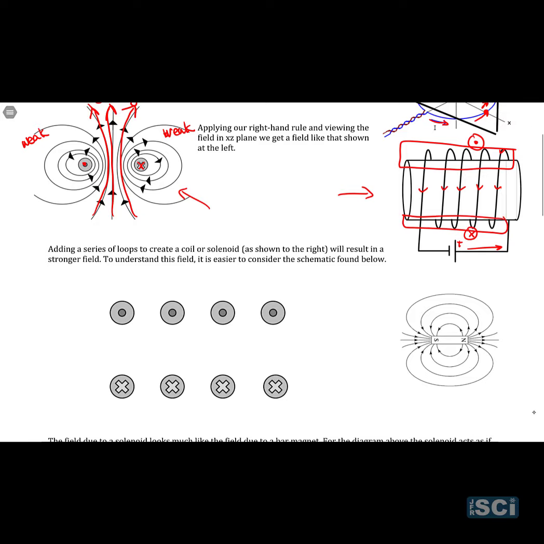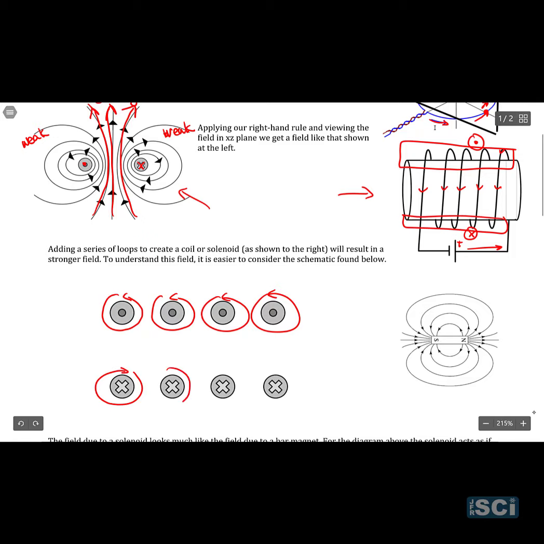Now, if we use our right-hand rule for the straight wires, we can see that the magnetic field around this wire in the top of our coil will be going counterclockwise. So each of these wires will cause a counterclockwise magnetic field. Similarly, the magnetic fields on the bottom of the coil would be going clockwise, and each individual wire will create its own magnetic field. So what happens in the region in between?